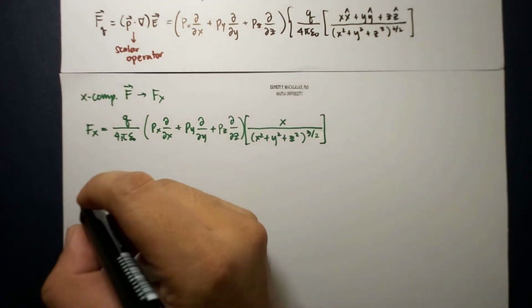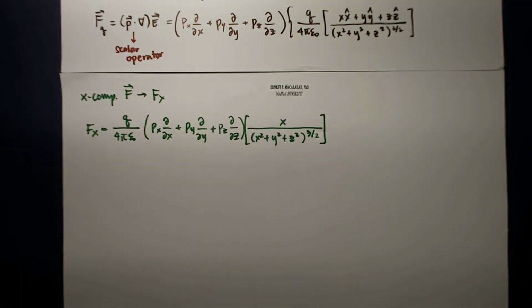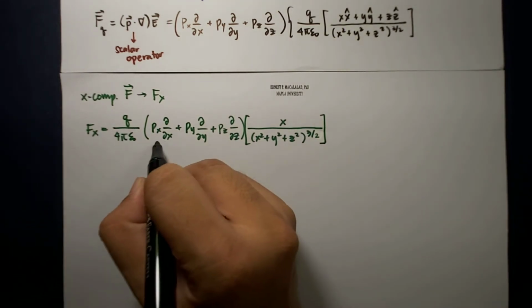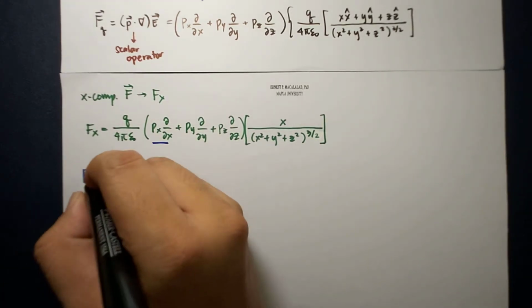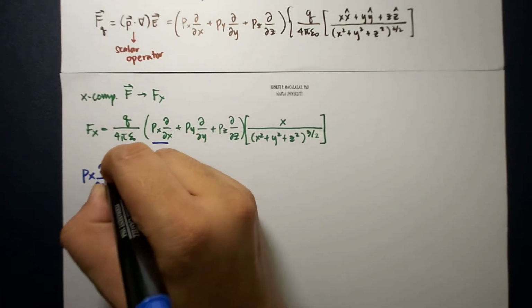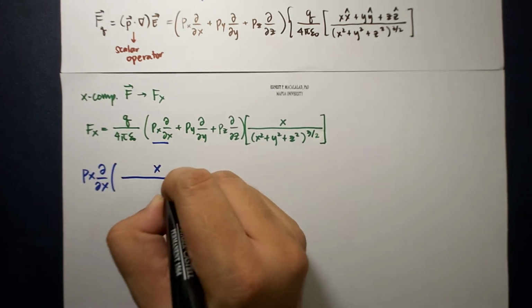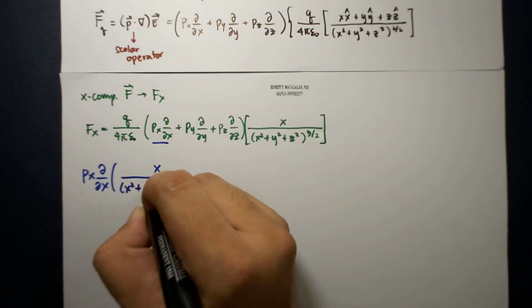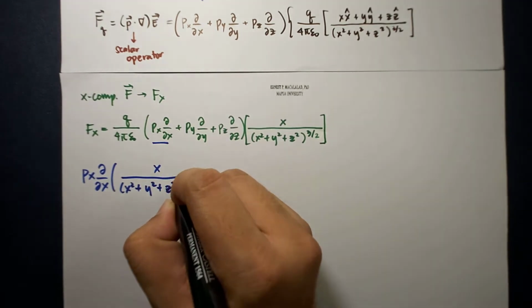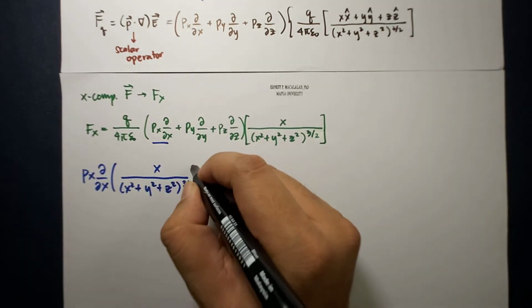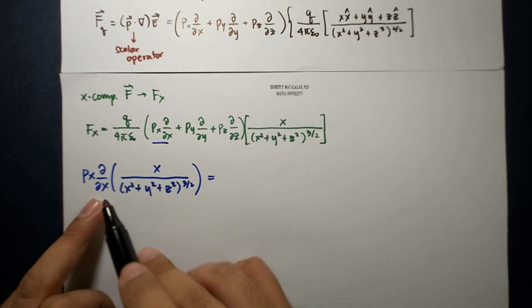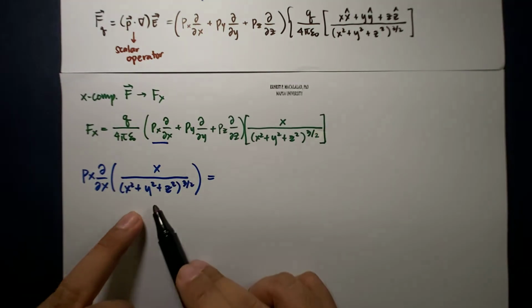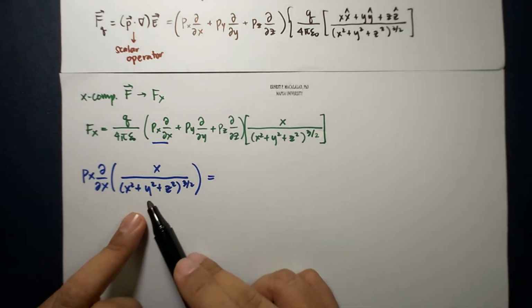So let's start with the first term. This term applied to this. So this is px derivative with respect to x of x over x squared plus y squared plus z squared to the 3 halves. This operation is with respect to x, so the numerator and denominator are both functions of x.